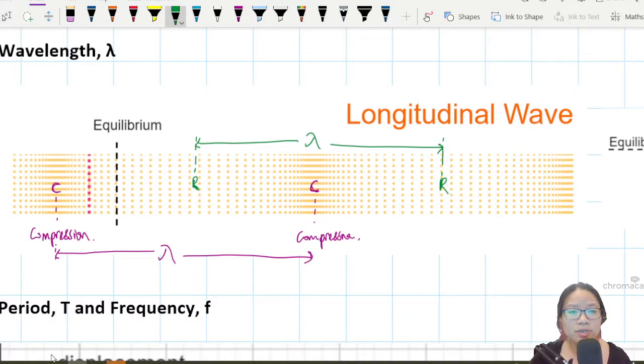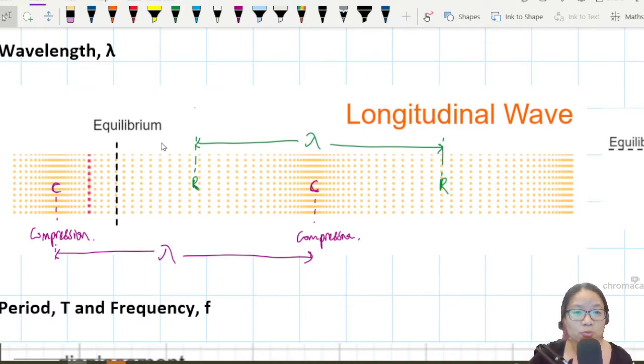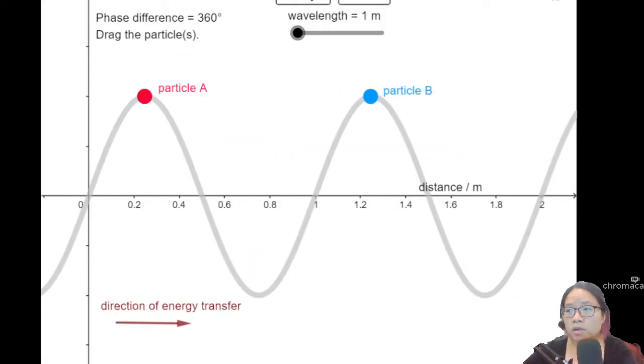But actually, it's kind of hard to define it just based on the region of compression and rarefaction. Let me label first. This is rarefaction. So it's kind of difficult to define it this way. The way wavelength is defined is actually pretty specific. So in order to properly understand what wavelength is, we are going to look at this simulation.